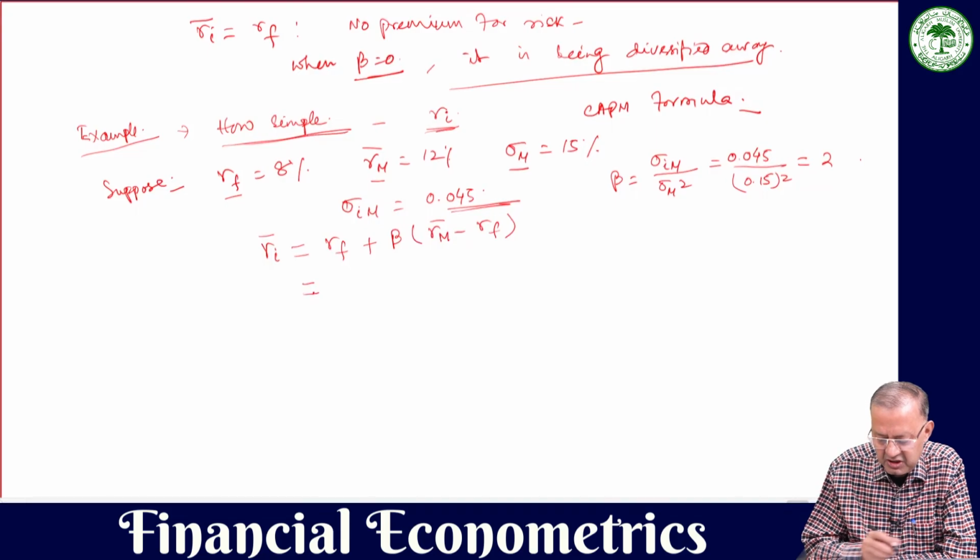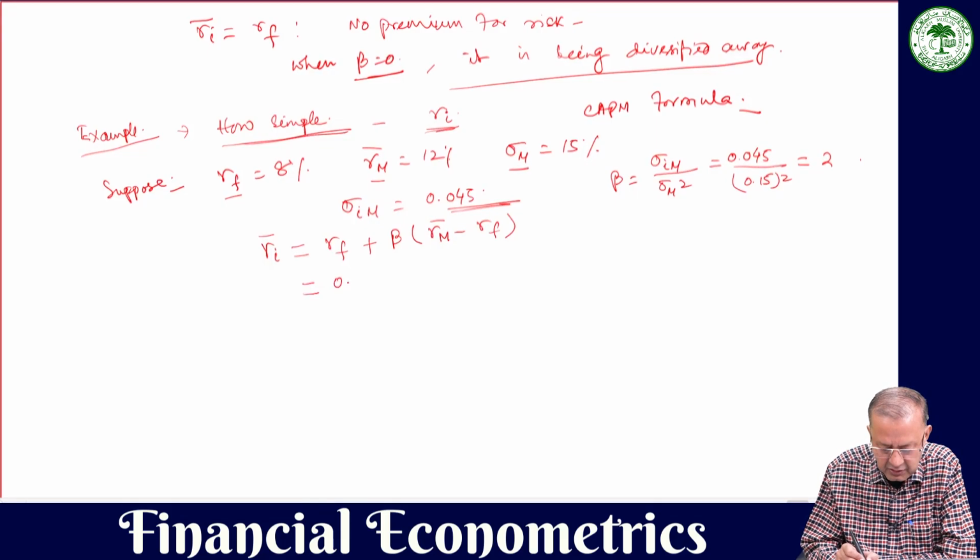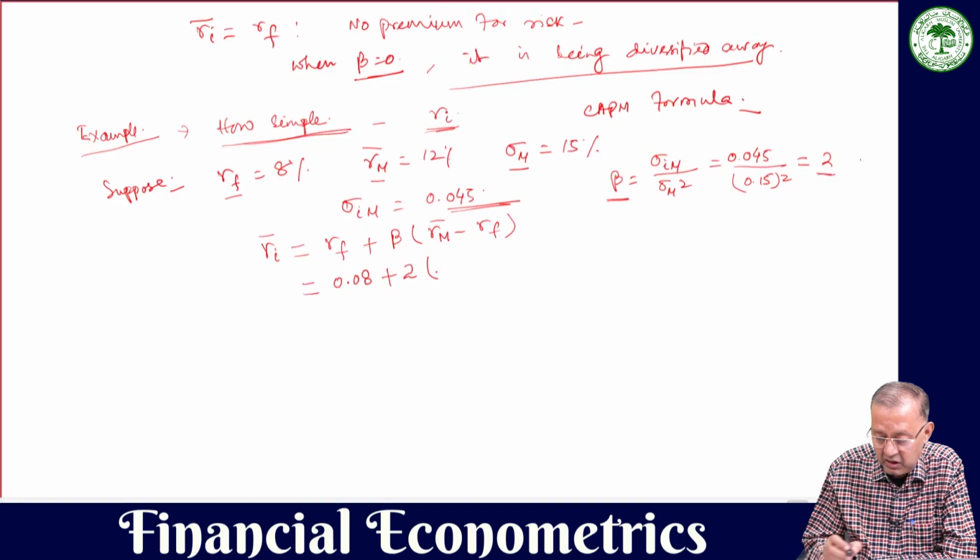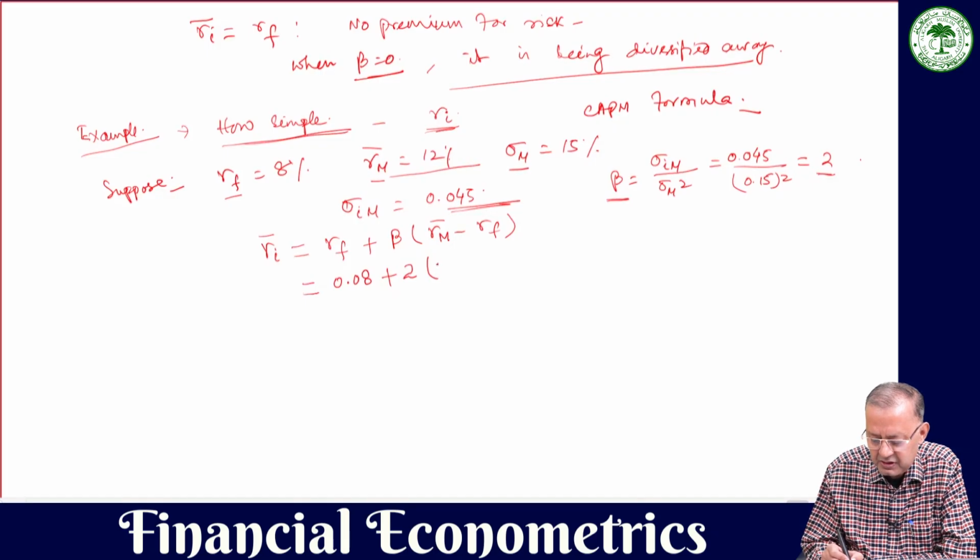So the return on the fixed asset is 8%, so this is equal to 0.08 plus the beta we have already calculated, which is 2, into Rm bar, which is 12%, 0.12 minus 0.08.